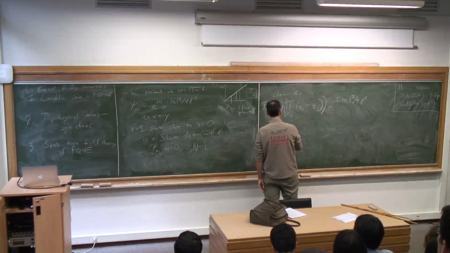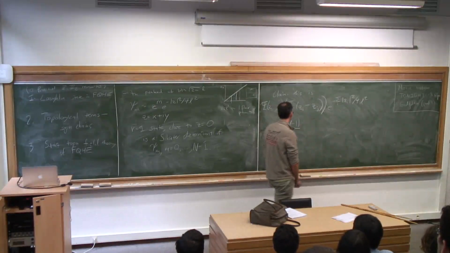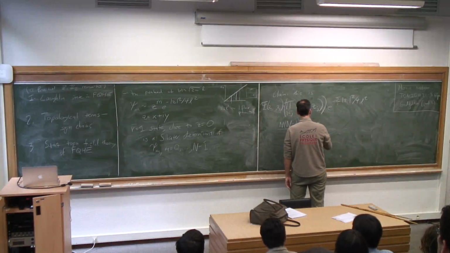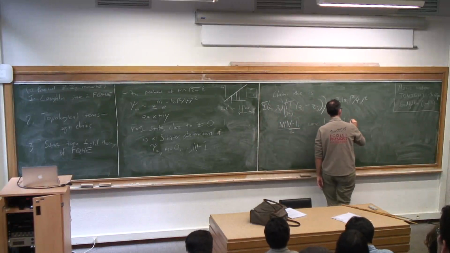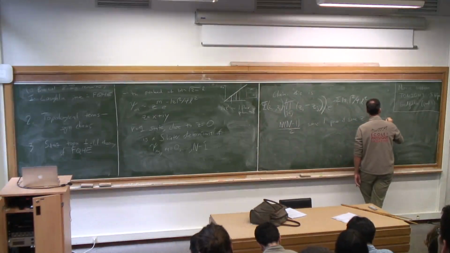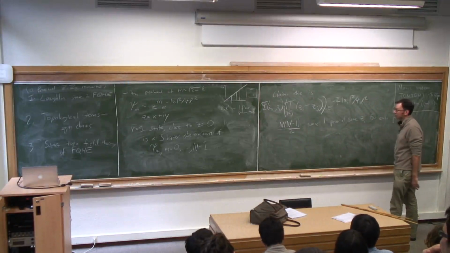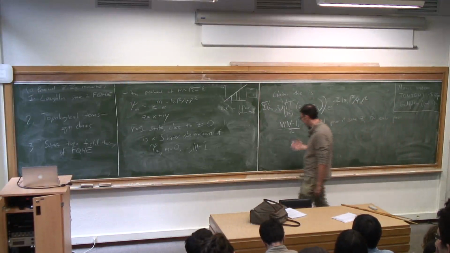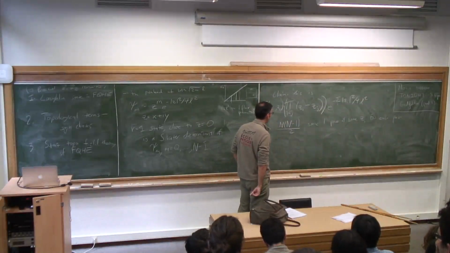So we should have n times n minus 1 over 2. That's 1 power of some z sub i for each pair, and the number of pairs of n objects is n times n minus 1 over 2.